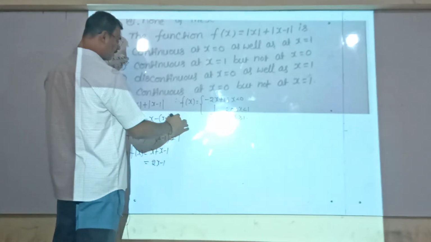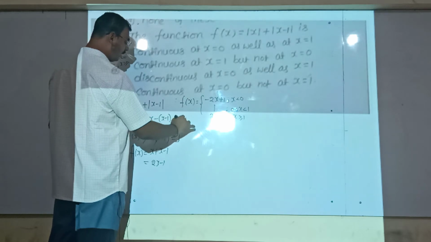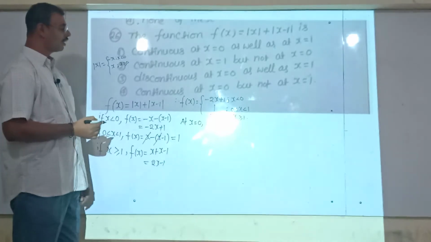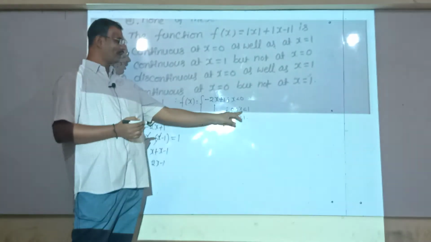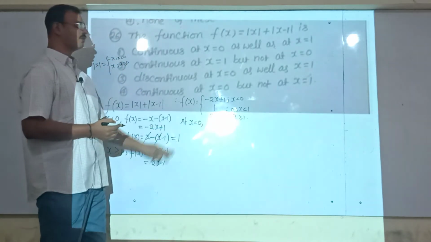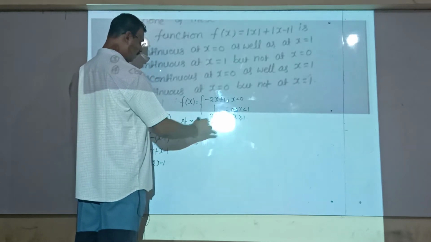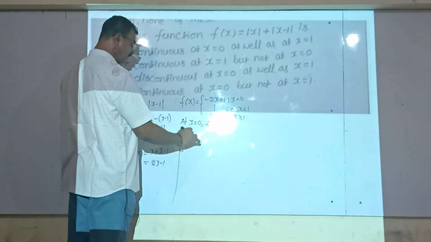So, at x equal to 0, I have to check first. Okay, when x is equal to 0, this is the x equal to 0 condition here. When x equal to 0, f of 0 is 1. F of 0 is equal to 1. Similarly, find the left hand limit.